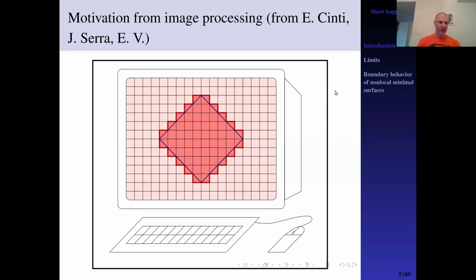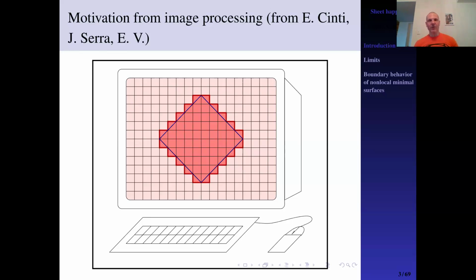And so the minimizers of this s-perimeter are called s-minimal sets or s-minimal surfaces, with a little bit of abuse of notation in the sense that one thinks that the boundary of this set is a surface.